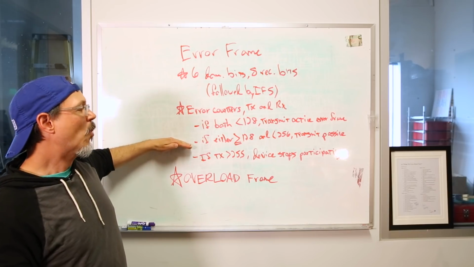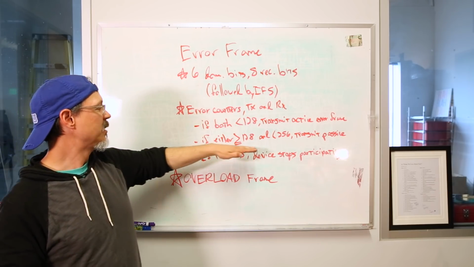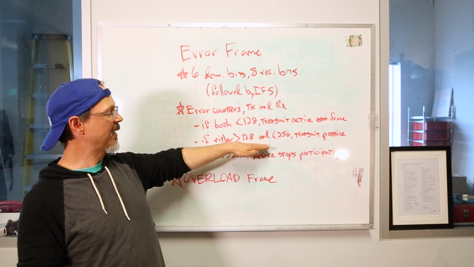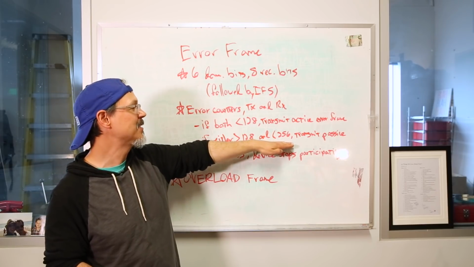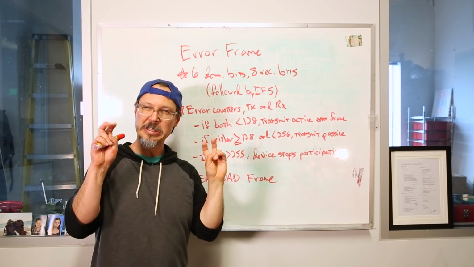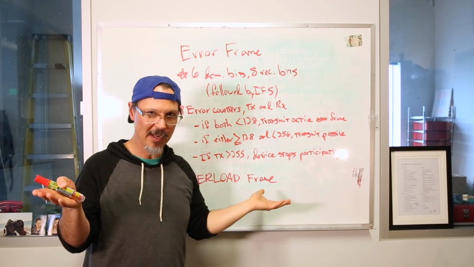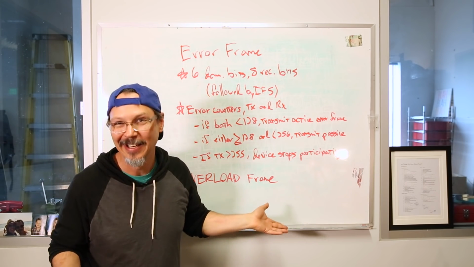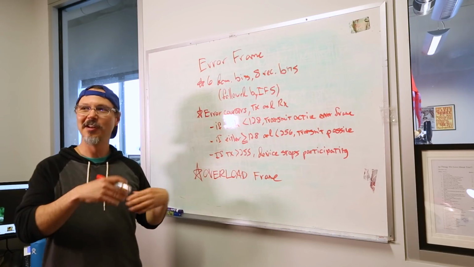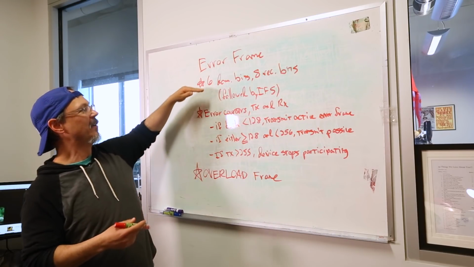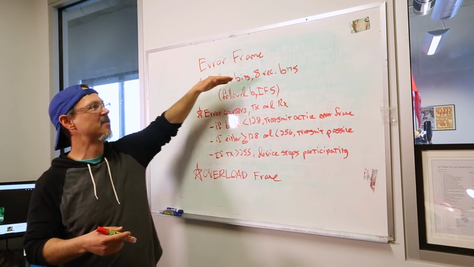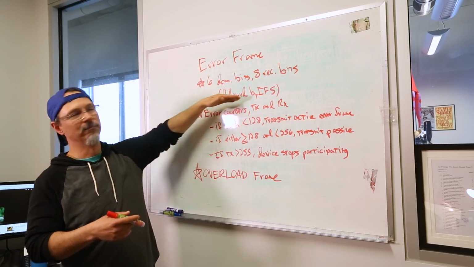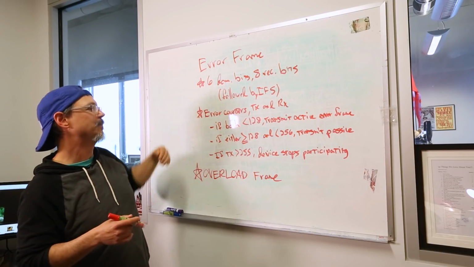If either one of those counters is greater than or equal to 128 and less than 256, it will transmit passive bits. I hate this. What it actually means is it's not doing anything. It's not sending anything. It's just sitting there for this much time. So it'll sit passive for 6 bits, and then 8 bits, and then 3 bits of interframe spacing.